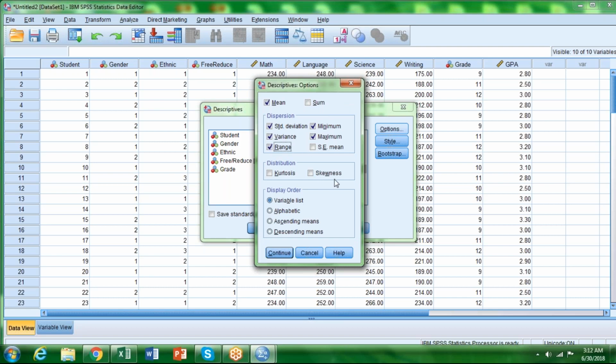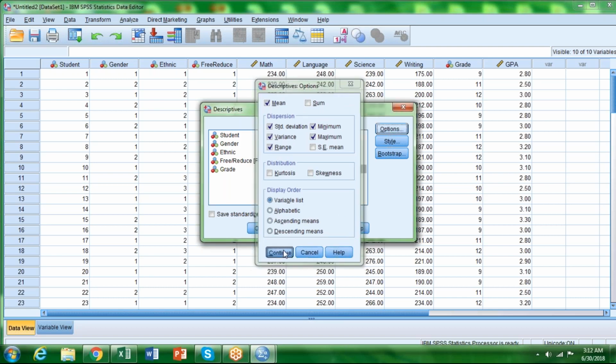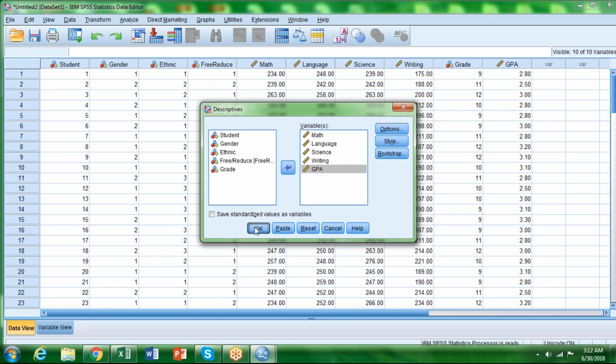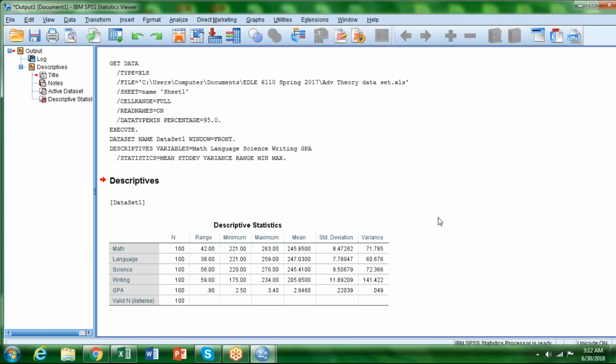We can look at range, say continue and say OK. It gives us our descriptive statistics for those variables. Even though it does give us the range, the minimum and the maximum here, here's the range, 42, it doesn't give us the mode. I remember you guys asking about that in the discussion.